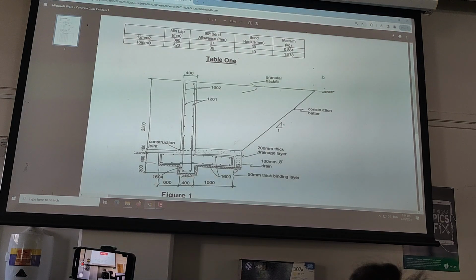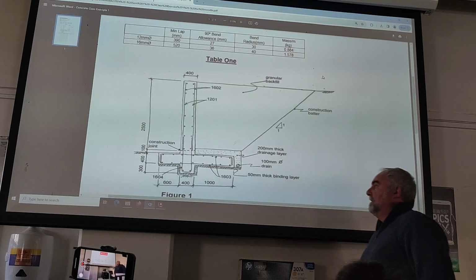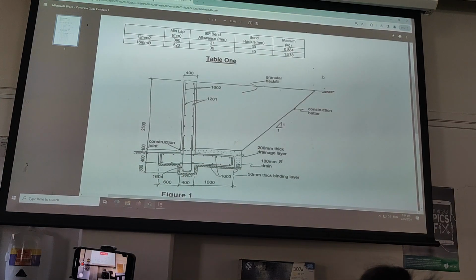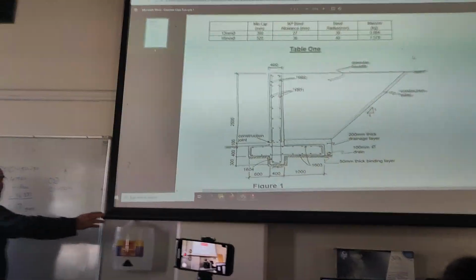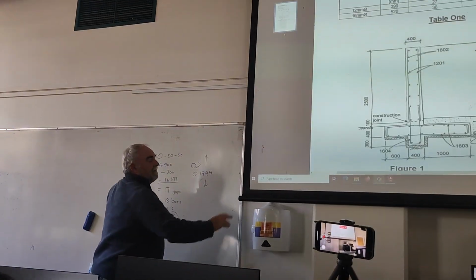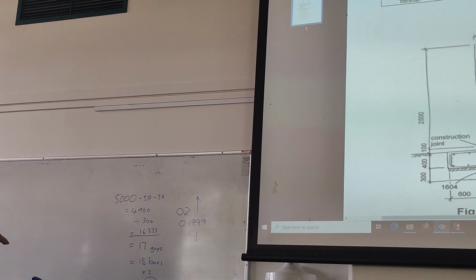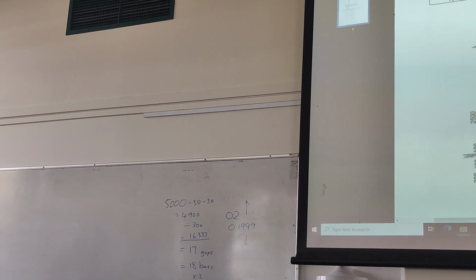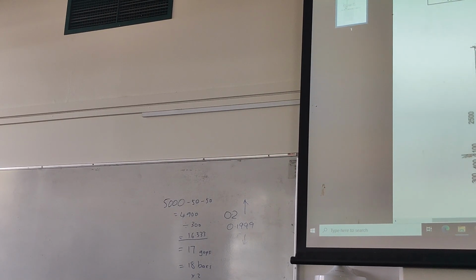Now, a few rules. You know how I've shown you this 0.2 rule? Those that are just on the other side there, there's the 0.2 there. When you do it vertically, we do it slightly different.